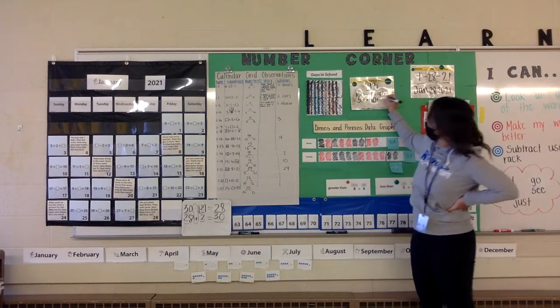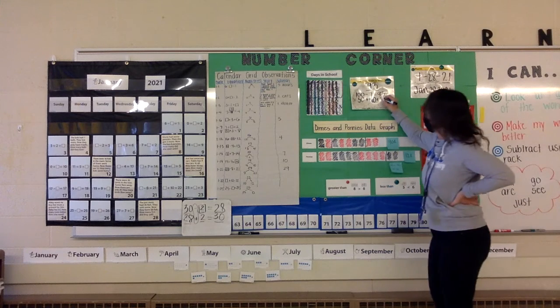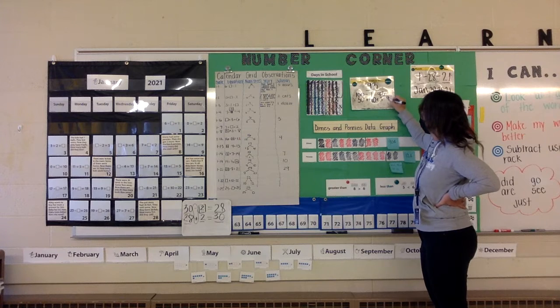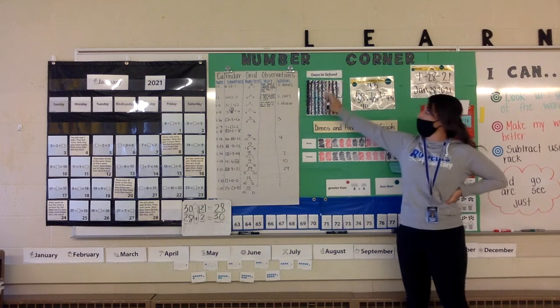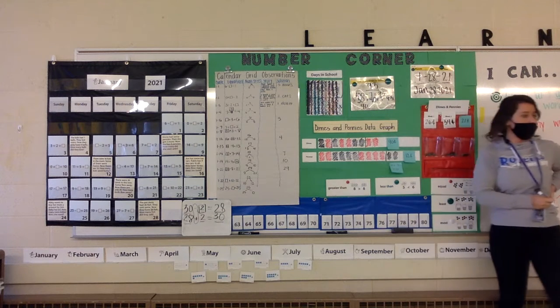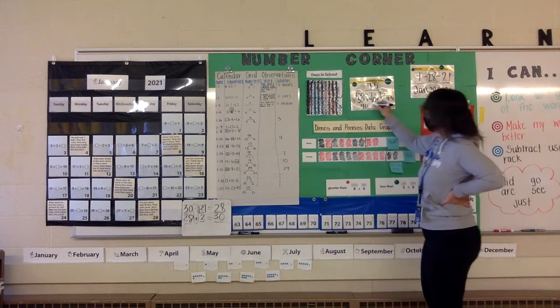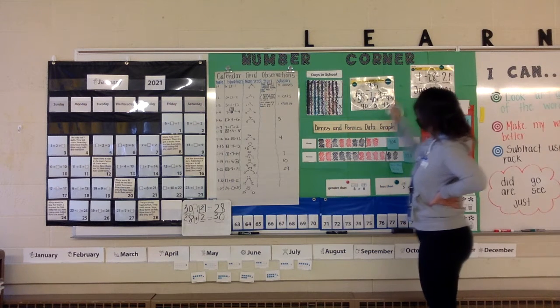That's 90, and then how many extra? And then 3 more. Good. That's a great way. What about if I start with the number 90? I can see that 5 and 4 tens would be 9 tens, which is 90. How many extra ones, Daniel? Sweet. 3, and that would be 93.